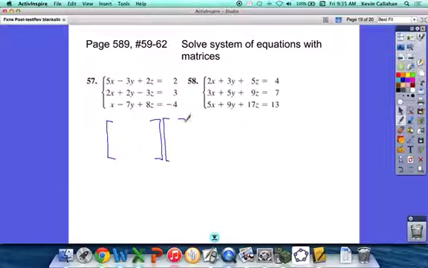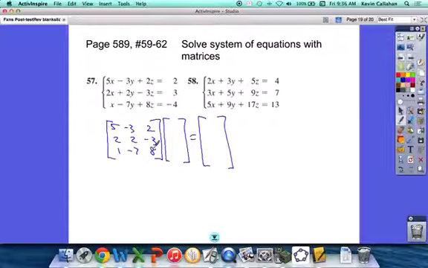There's 3 matrices. Let's say for this first one, what is this matrix if this is the system? Where do I get the numbers that I put here? It's the coefficients, right? So just in order: 5, -3, 2. 2, 2, -3. 1, -7, 8.